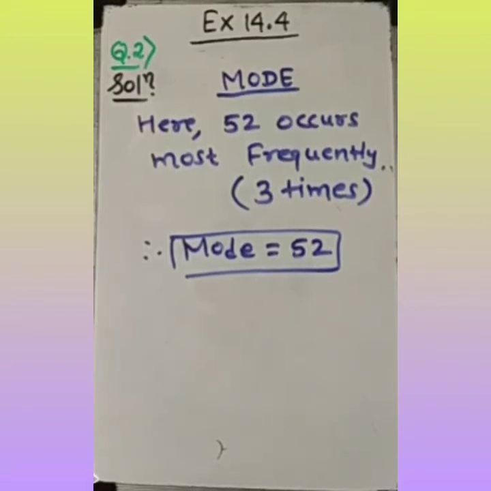So it is not necessary, my dear student, that all 3 should be equal or any 2 of them equal. It depends and varies from observation to observation. But one thing is very clear, the mode can be more than 1. There can be more than 1 mode possible. Clear? This is the complete solution of question number 2.